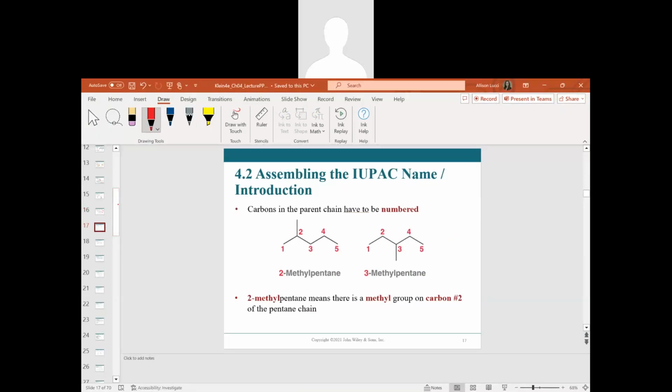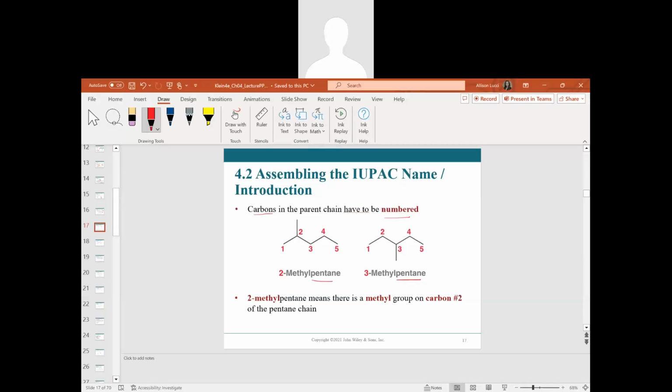So let's take a look at this aspect here. So the carbons in our parent chain will have to be numbered in order to give locants or locations of any of these substituents or side chains. So in this case here, we see a 5-carbon chain as our longest chain for both of these structures. So they're both pentane parents.